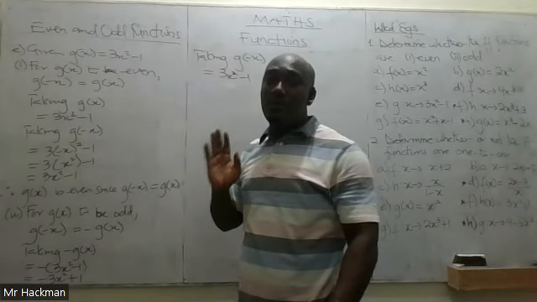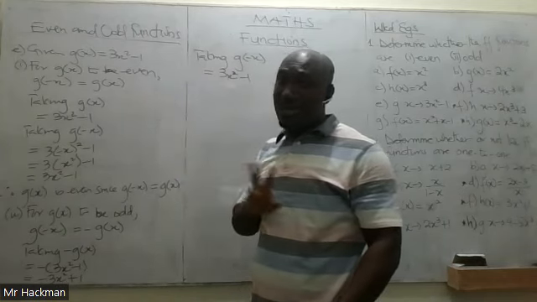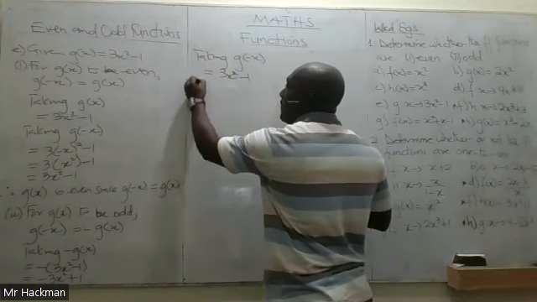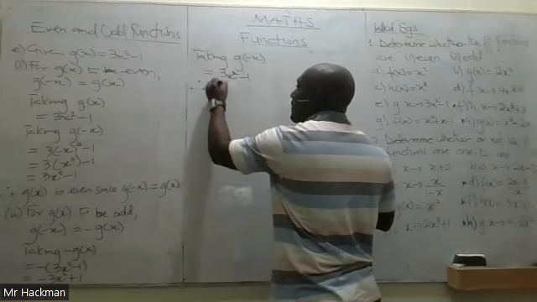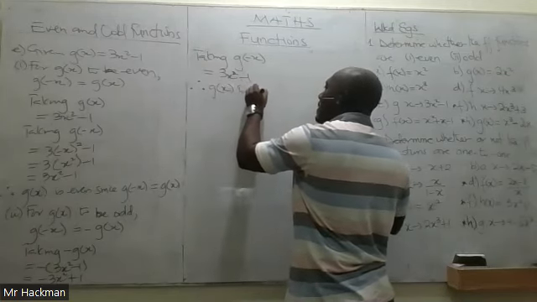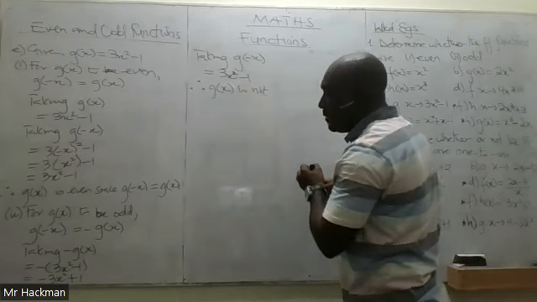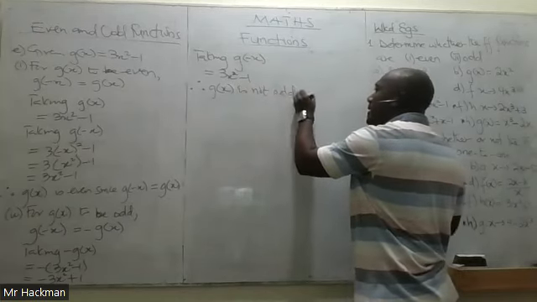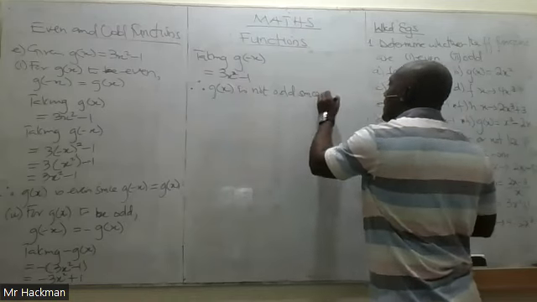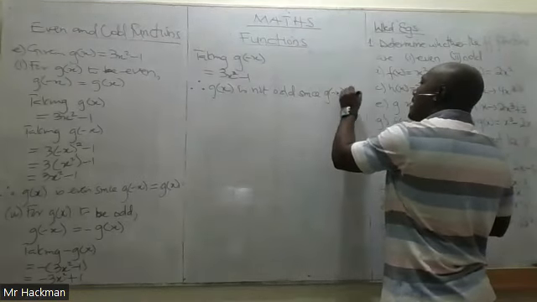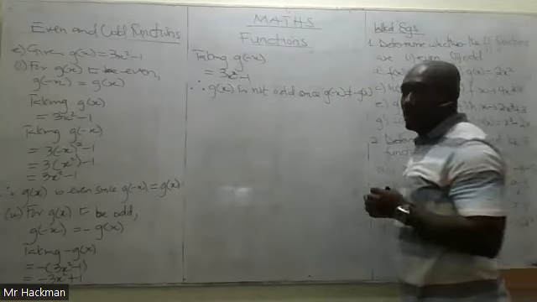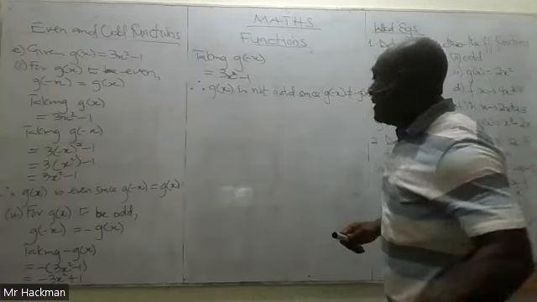It is necessary and sufficient for you to draw the conclusion that they are not the same. So in this case, what do we do? Therefore, the function g of x is not odd. So attach your reason: g of minus x is not equal to minus g of x. Is my point well made?